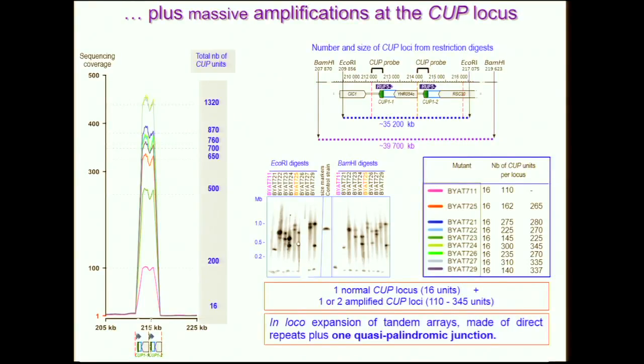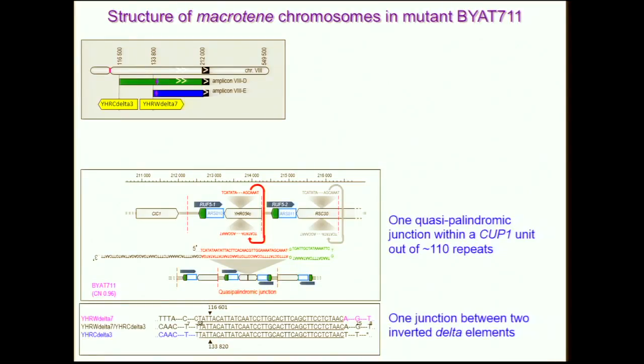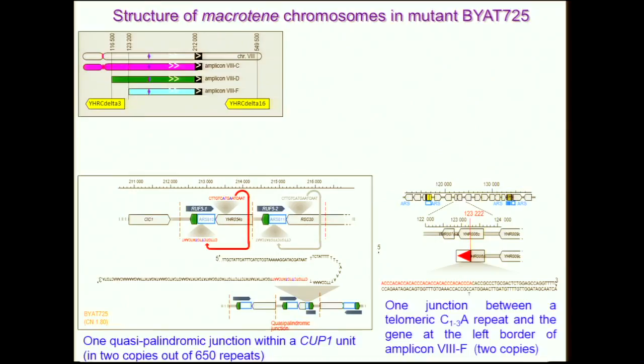So we had expansion of a tandem array, and if we look very carefully in the CUP locus, in each of them, we find one, and a single one, quasi-palindromic junction. And this is probably something which will be important for the conclusion.